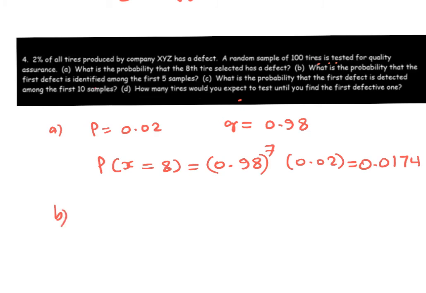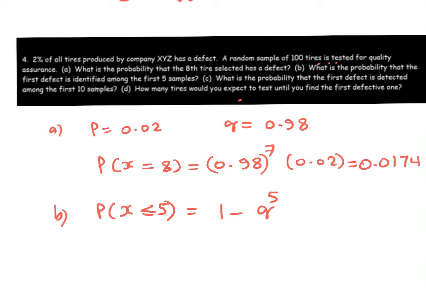Read B. What is the probability that the first defect is identified among the first 5 samples? Among the first 5, maybe first, second, third. This means probability of X less than or equal to 5. We have a rule for this one, which is 1 minus Q to the power 5.